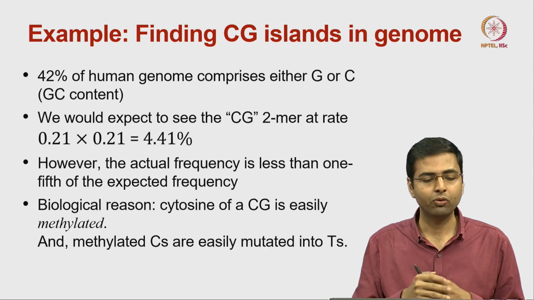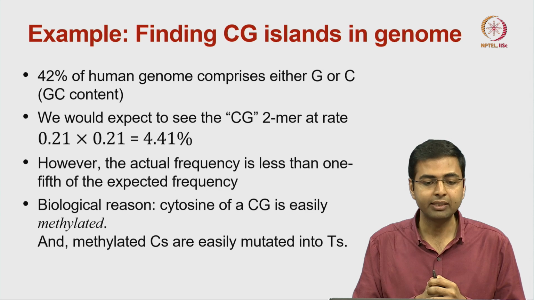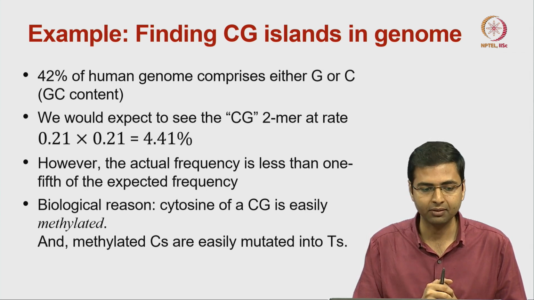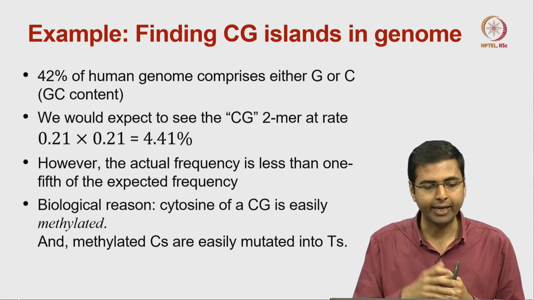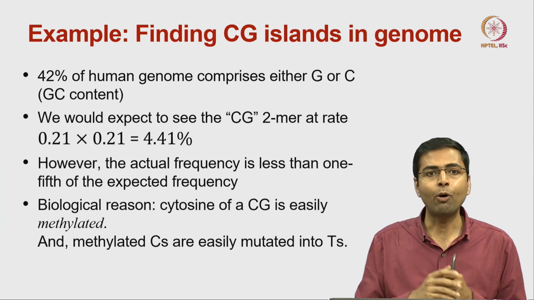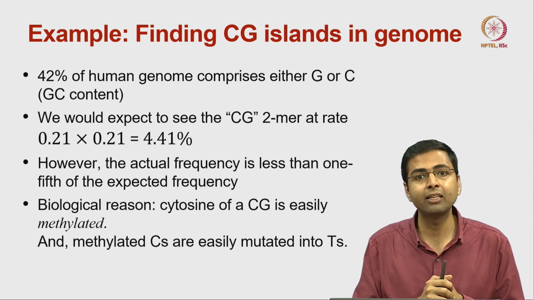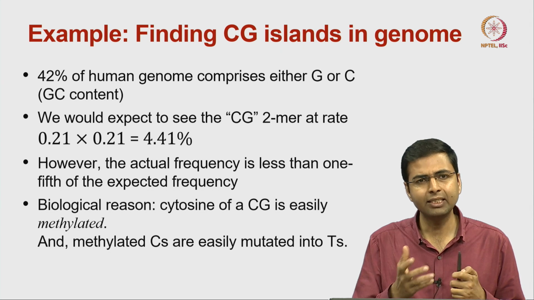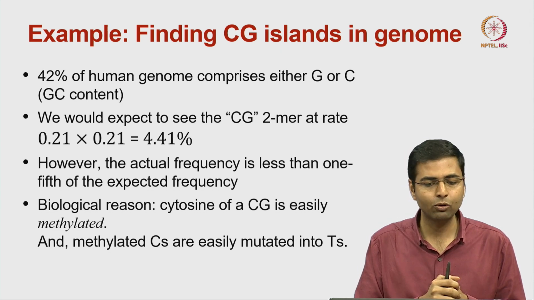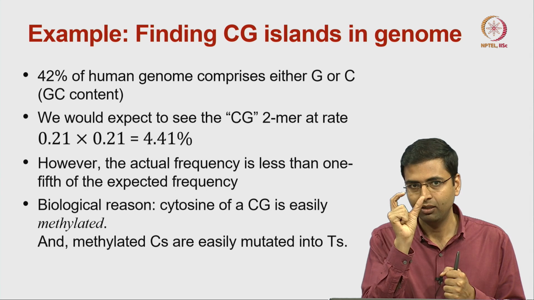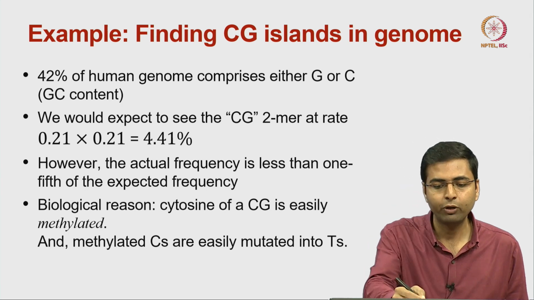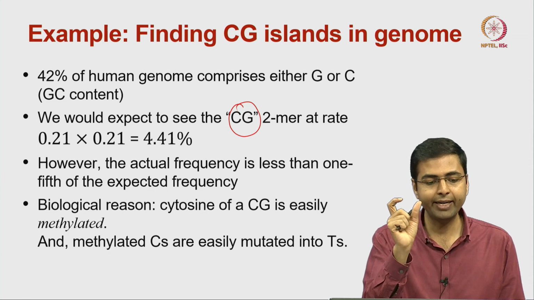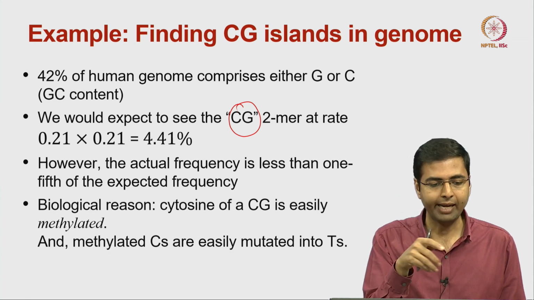In this example, I am considering the application of finding CG islands in a genome sequence. Let me give you the biological context. It turns out that about 42% of the human genome comprises either G or C characters, and based on this observation, one would expect to see the CG dinucleotide, that is C followed by G, at a rate of 0.21 times 0.21.